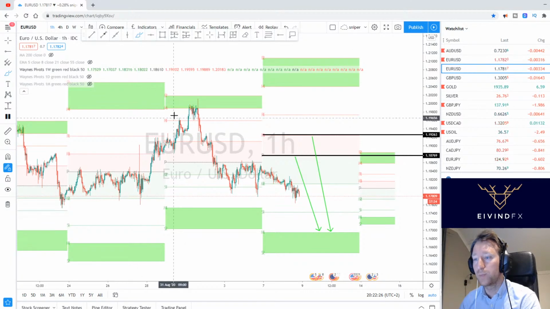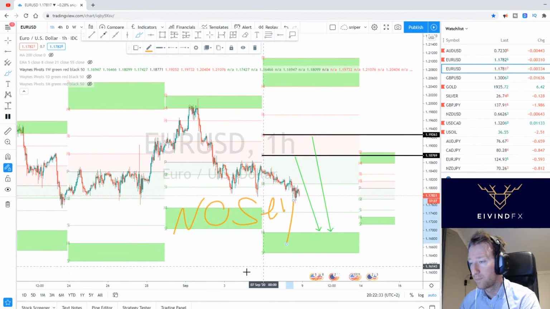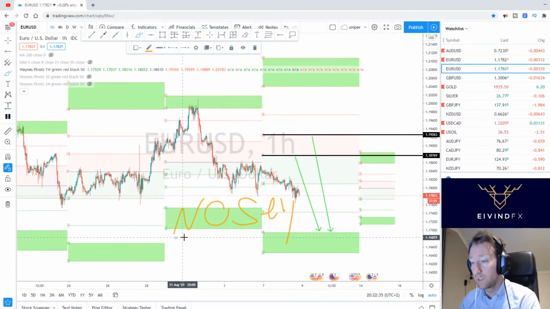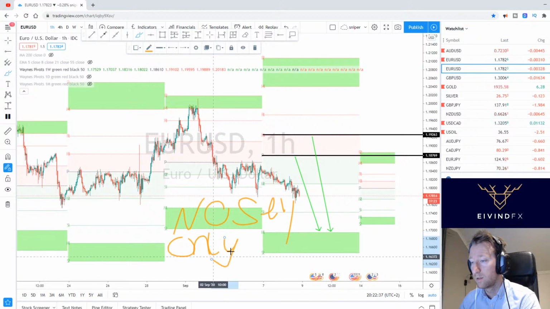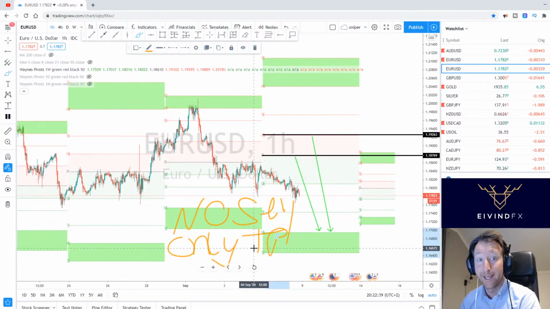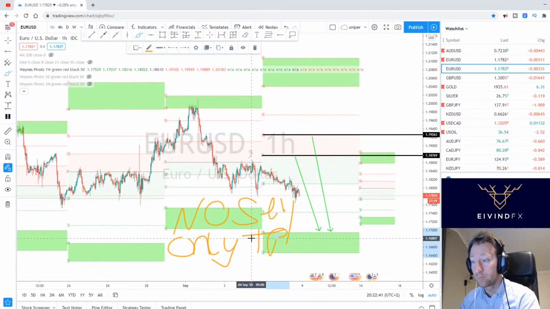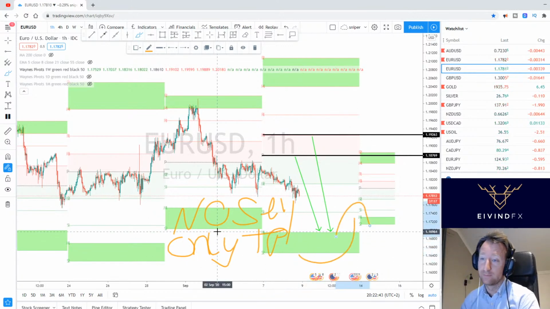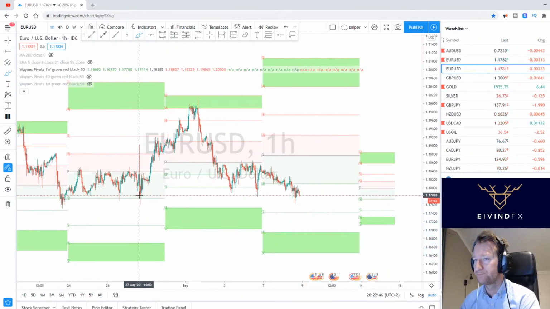Why is that a clue? Because if there is quote unquote no sellers, so no sell, but only TP, that means buyers will take it up again soon. You just have to wait for it.